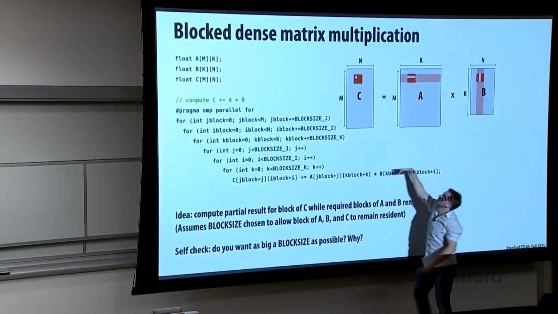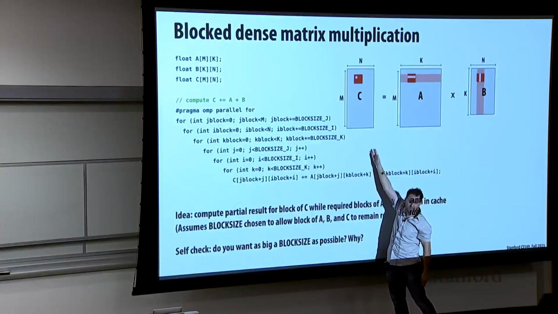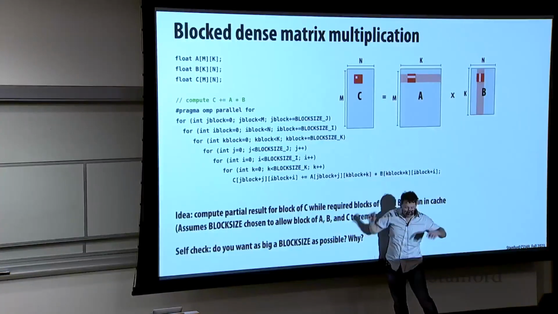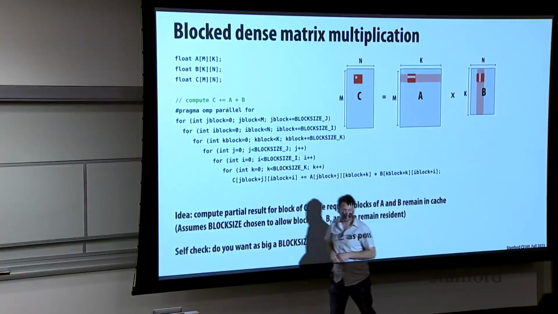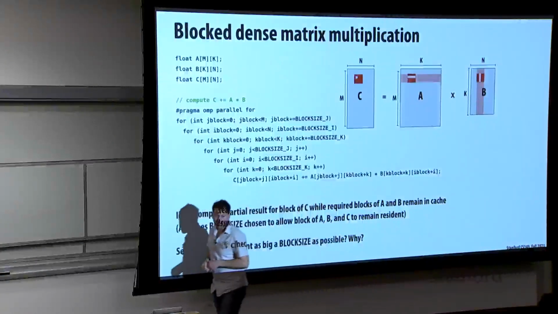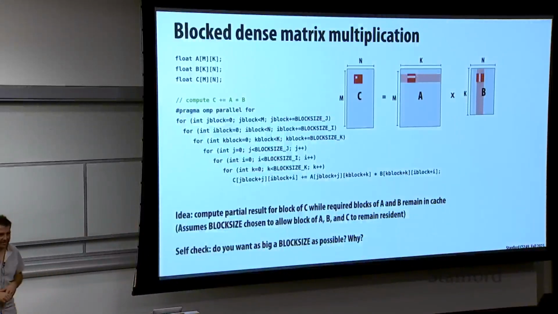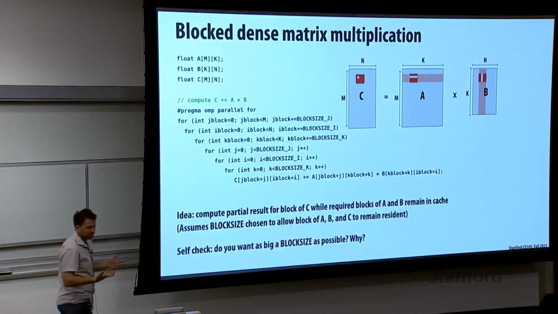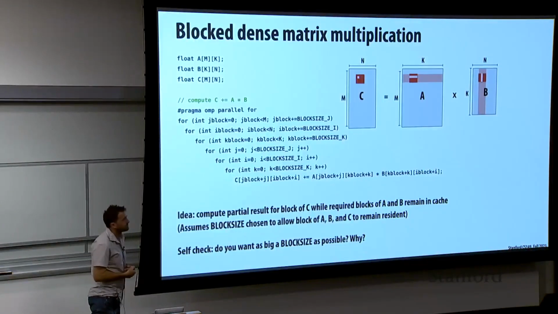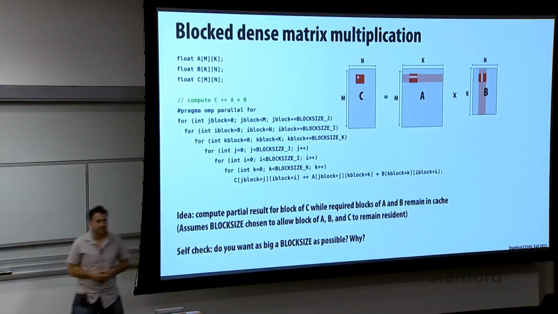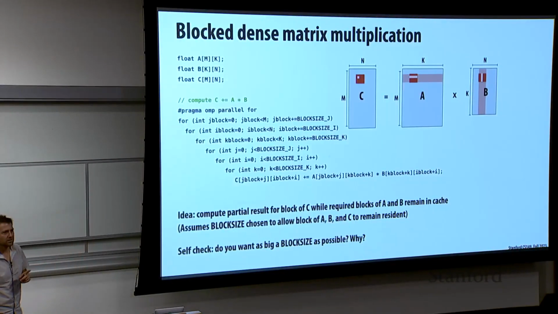And let's ignore the reuse. Then we're going to do a matrix multiply with those matrices, and we'll do b cubed work. So we're doing b cubed work for every b squared I/O. Make sense? I thought I saw one more question.